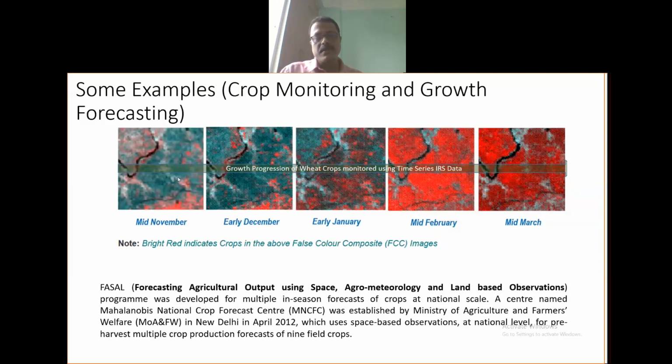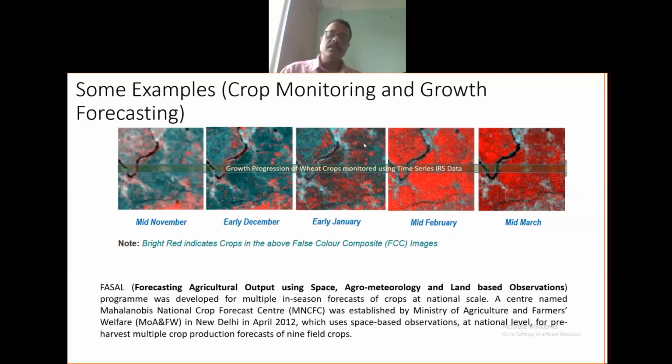Here we have remote sensing images of different months, monitoring the growth of the crop. This is an Indian remote sensing image, and these red areas, you will later learn, are captured in the infrared region.